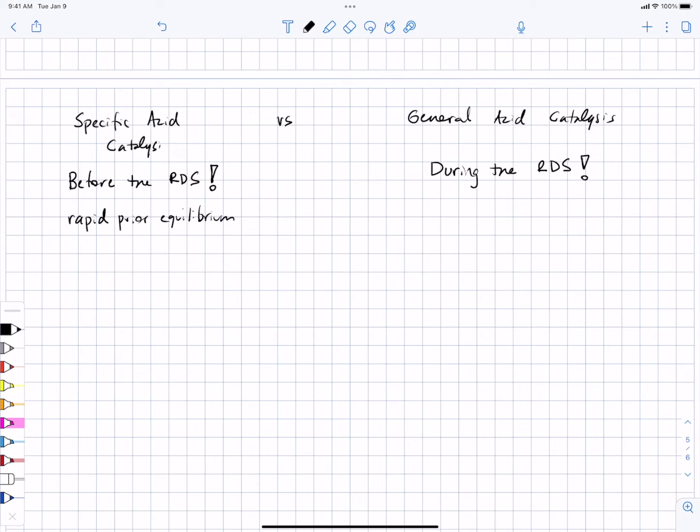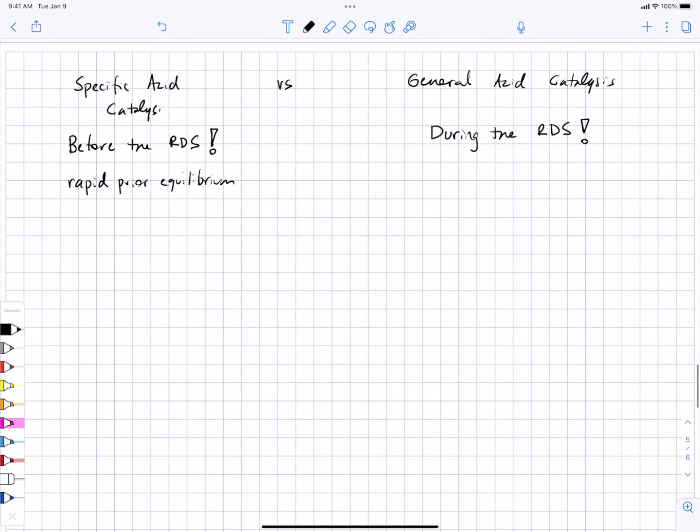Now, let's talk a little bit more about specific acid catalysis. The specific acid, we're going to give the acid the name, the specific acid, and this equals, in water, H3O+, or it can equal the protonated form of solvent.